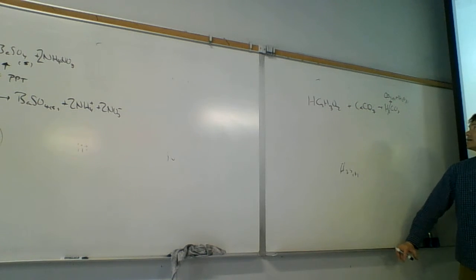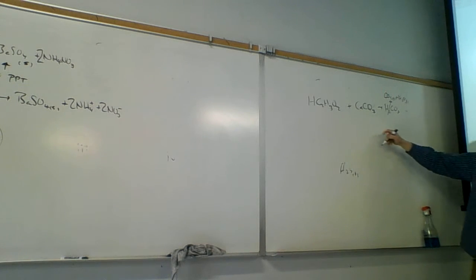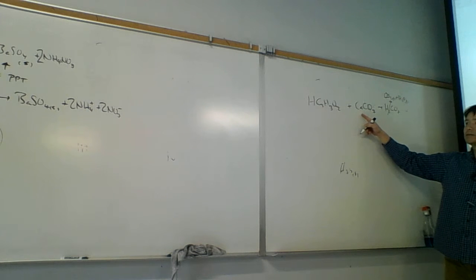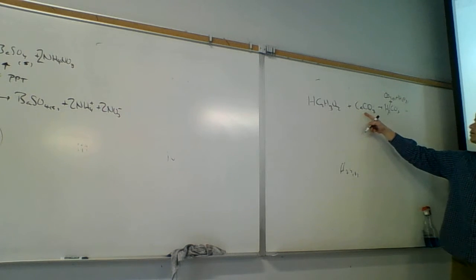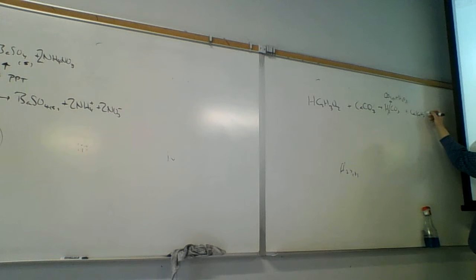With sulfurous acid, yeah, sulfurous acid is H2SO3. What we're gonna form here is calcium ions with acetate. Calcium is 2+, acetate is 1-, so we'll need 2 acetates for every calcium.